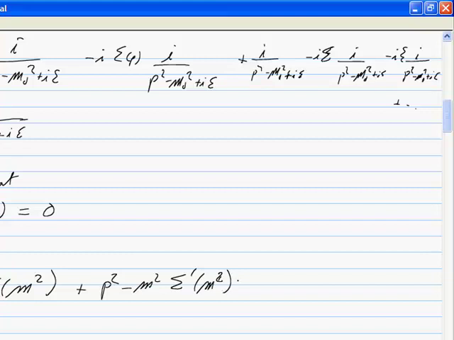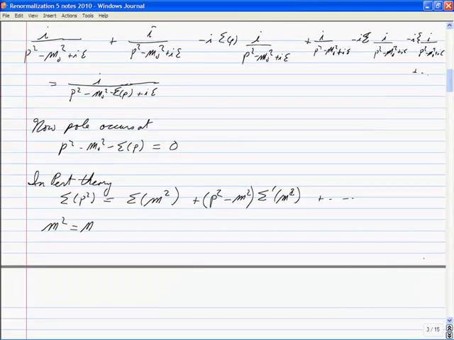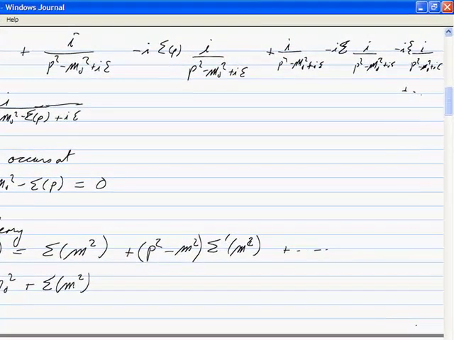So we're Taylor series expanding it around some point. Now, this is not technically m0, it's going to be the physical mass. We then have m squared is m0 squared plus sigma of m squared, and that's the physical mass.